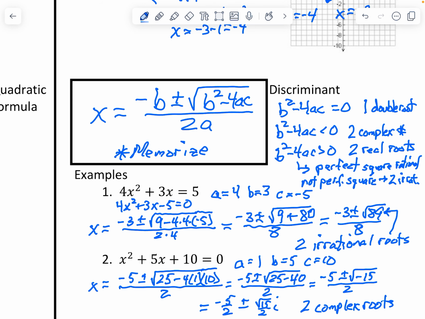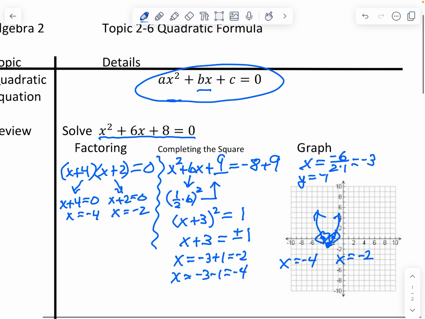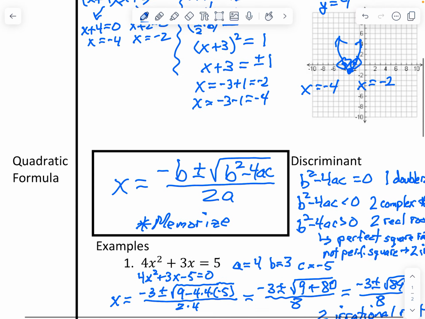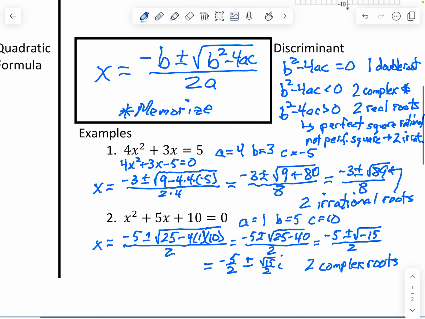So when we're solving these equations, we reviewed over the 3 ways we had previously done solving quadratics: factoring, completing the square, and graphing. Then we introduced the idea of the quadratic formula, which will be especially helpful when we have these square roots that don't turn out nicely. If you get 0, that turns out very nicely. That ends up being a double root. That's what the discriminant tells us.